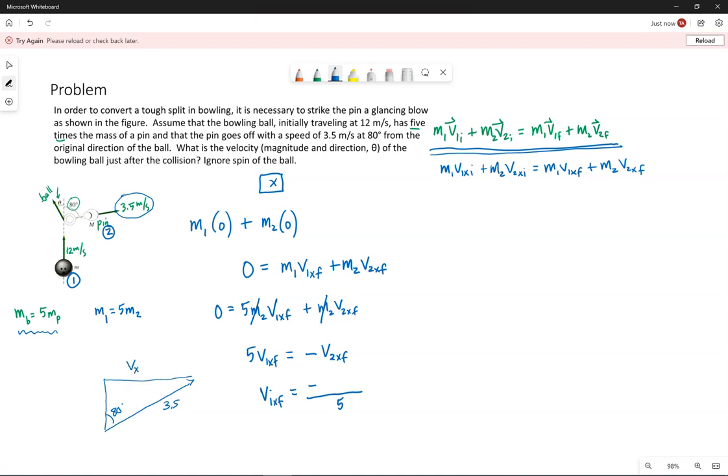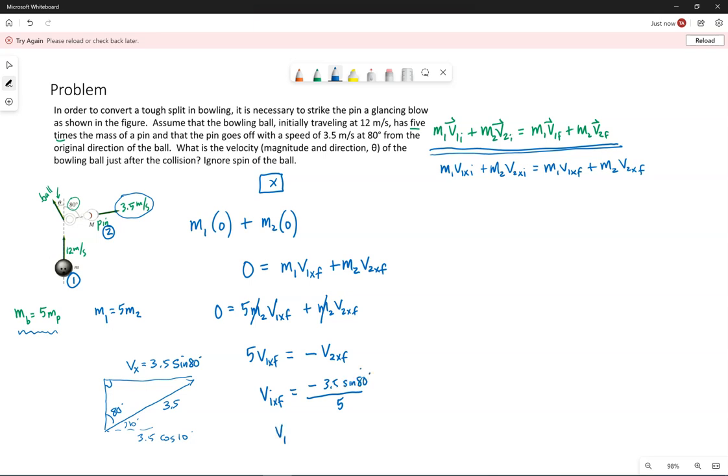So Vx of the pin is going to be 3.5 meters per second times the sine of 80 degrees, because we're opposite that 80 degrees. You could also, if you'd like, do 10 degrees down here, that's fine, and 3.5 cosine 10 is the same thing. So 3.5 sine of 80 degrees.